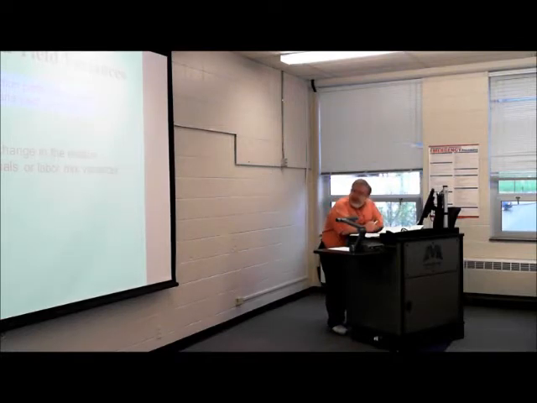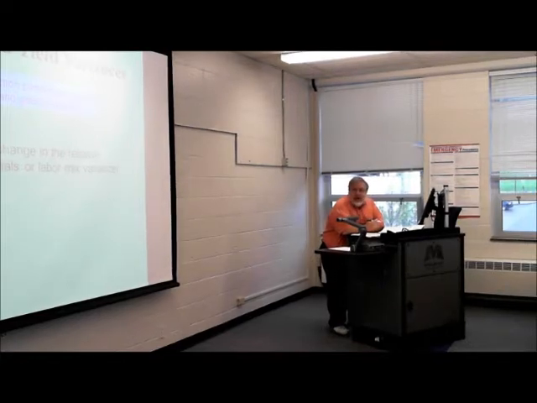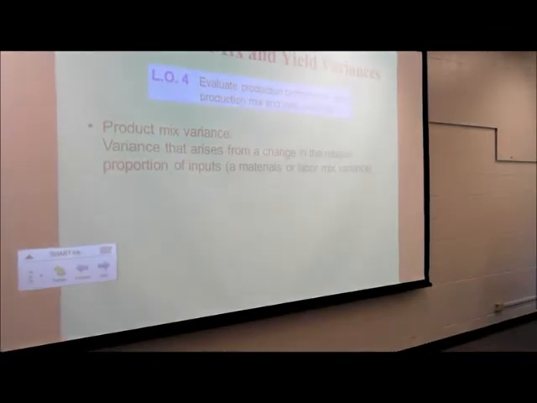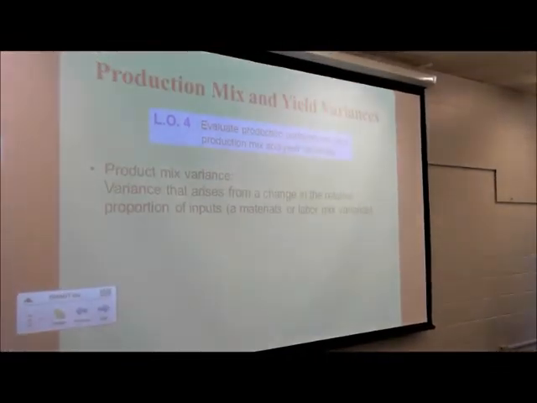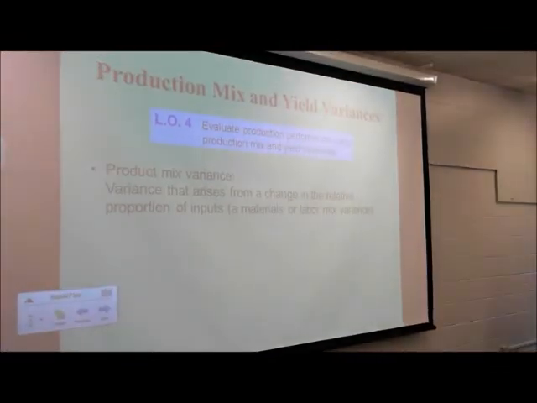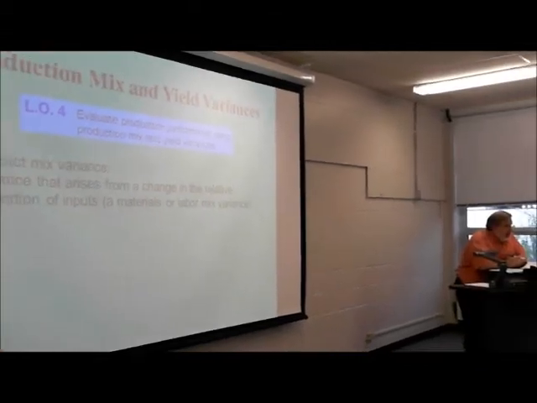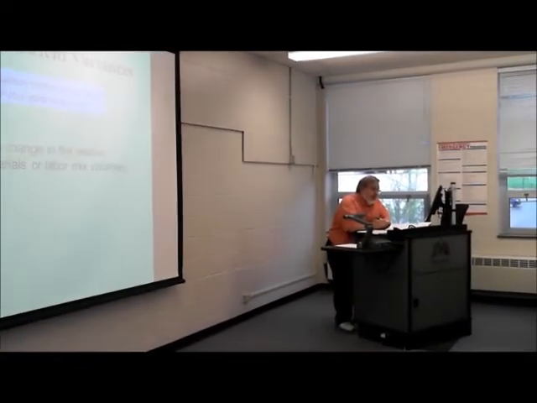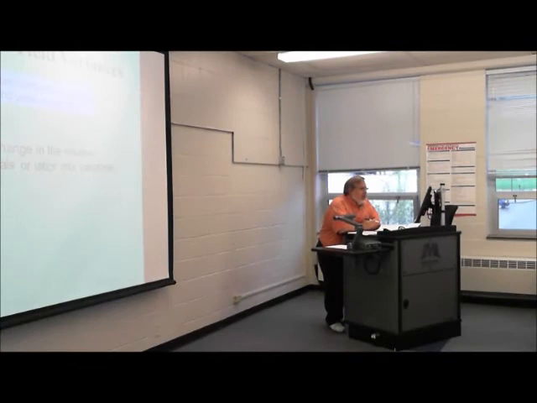This is when we have a variance due to the change in the relative proportion of inputs. It could be a material mix or a labor mix variance. One of your homework problems is labor, but the same philosophy applies.